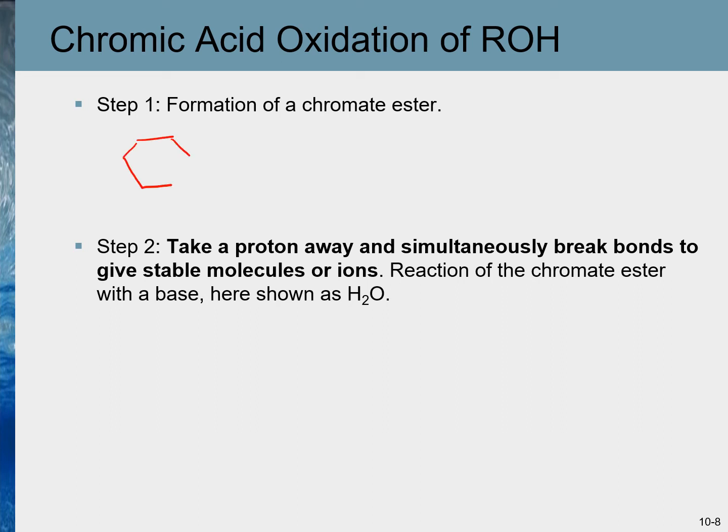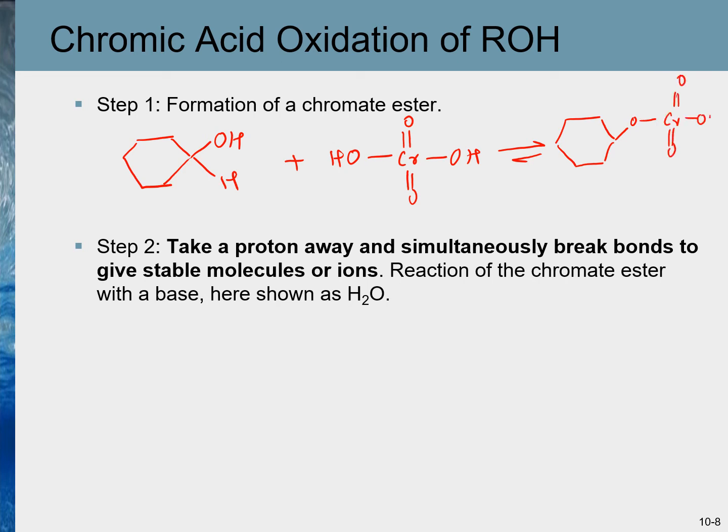For example, when we combine a secondary alcohol such as cyclohexanol, shown here, with chromic acid, it will result in formation of an alkyl chromate and a loss of water molecule.